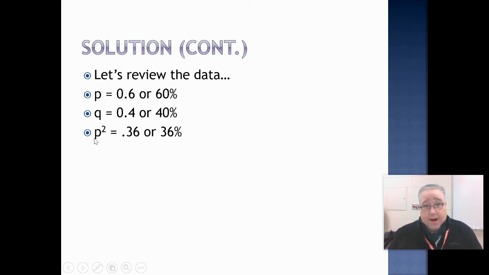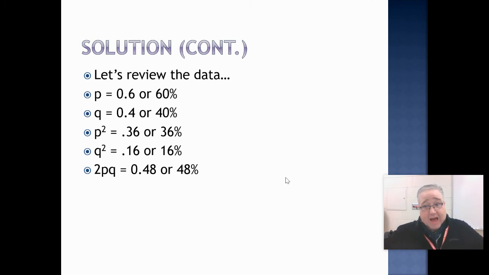Now our P squared, our Q squared, and our 2PQ, this is a breakdown of our population. Now remember, our population is the entire group. It's not just this sample.